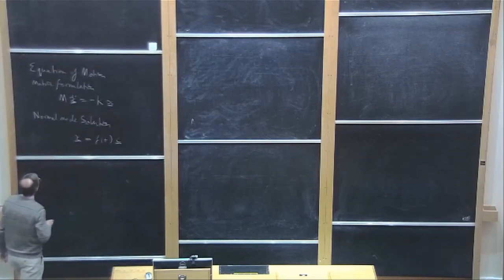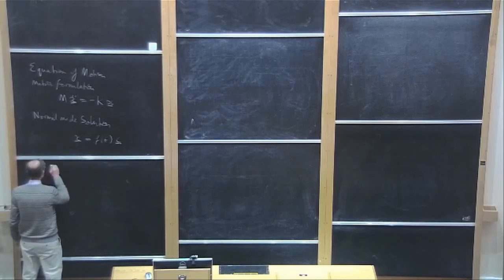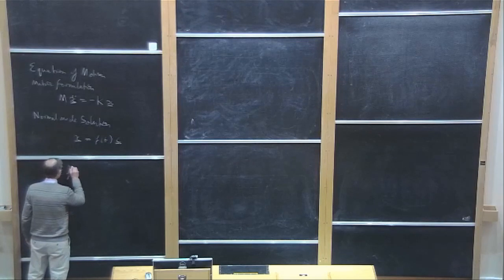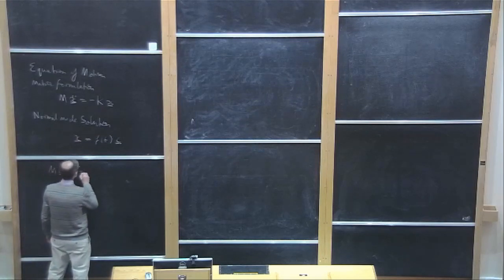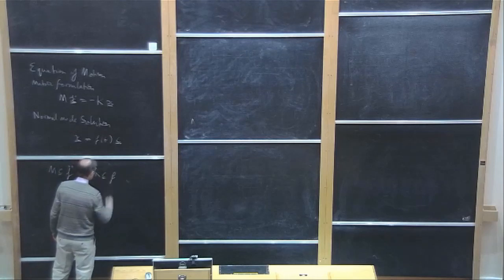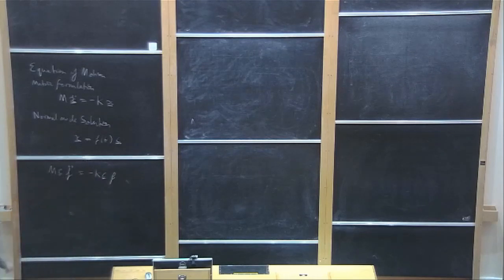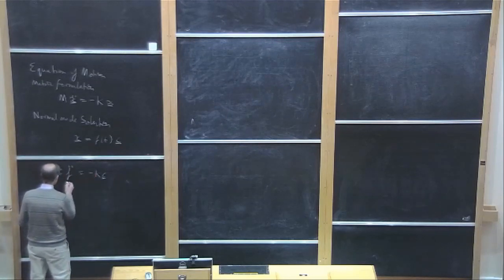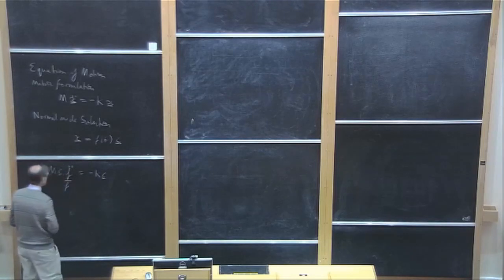And if you substitute that in, you get M c f double dot equals minus K c f. And as long as f isn't everywhere 0, which represents a kind of failure of this mode of solution, you can divide by it.